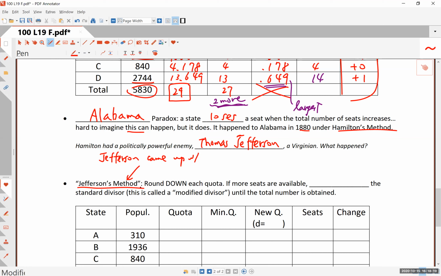Meanwhile, Hamilton had many friends in Congress and in other places. So this method was presented to the legislative bodies, and they both passed it, which sort of establishes Hamilton's method as the official method for apportionment.